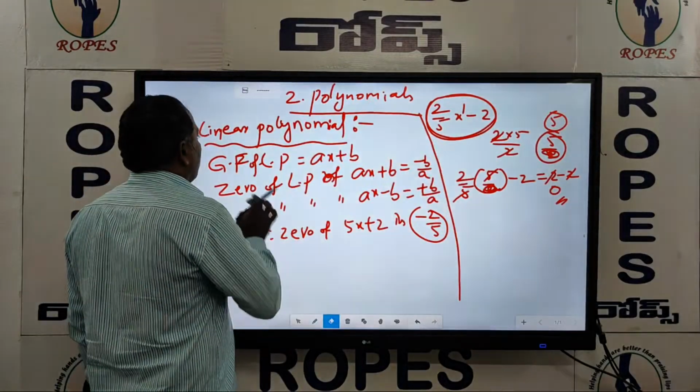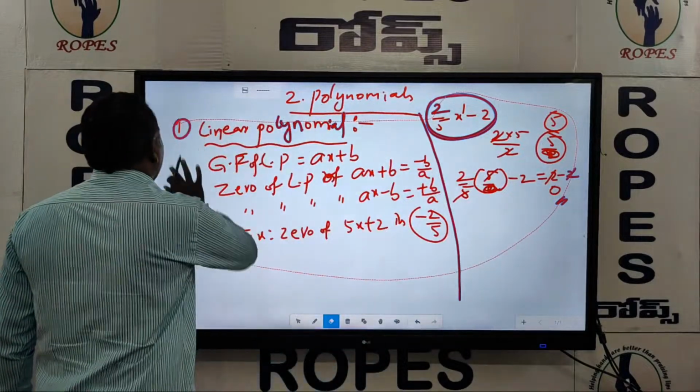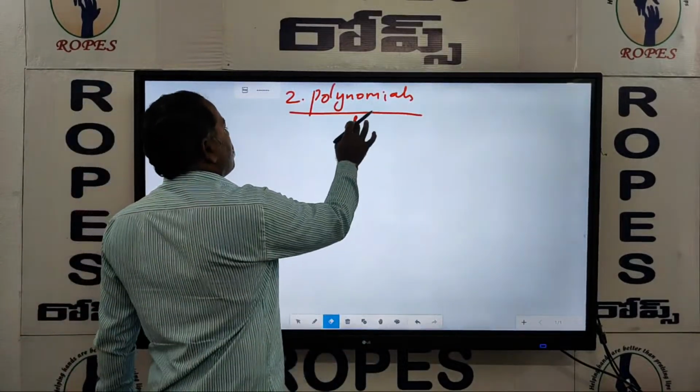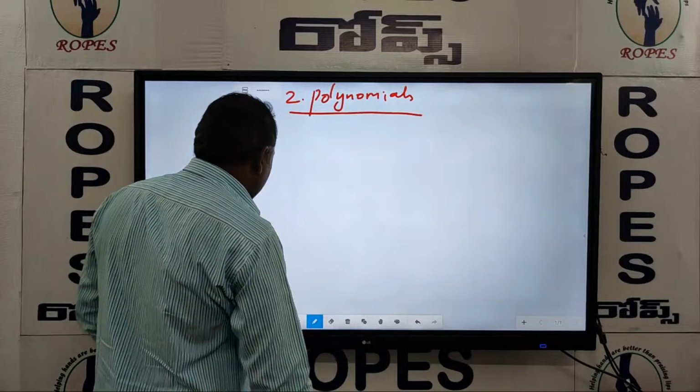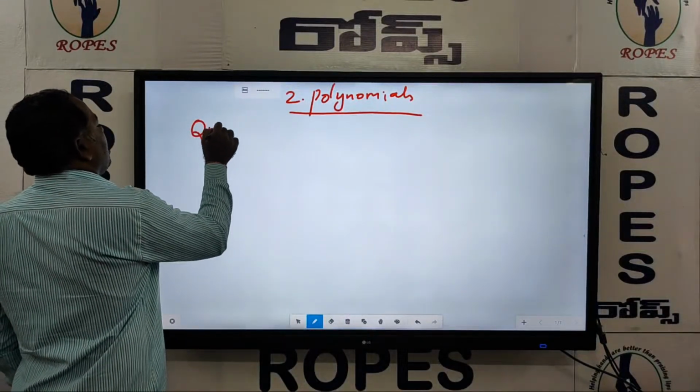Now we will see the zeros of a quadratic polynomial.